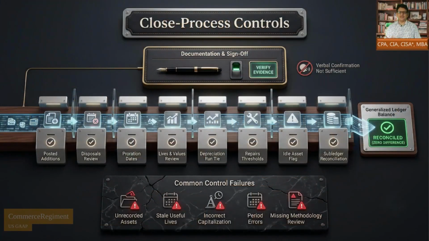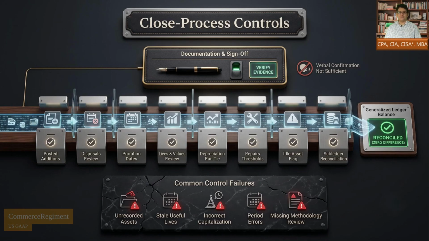Depreciation controls are essential because the process is not self executing. Each close should verify additions, disposals, placed in service dates, useful lives, residual values, depreciation runs, repairs review, idle asset flags, and the reconciliation between the fixed asset subledger and general ledger.